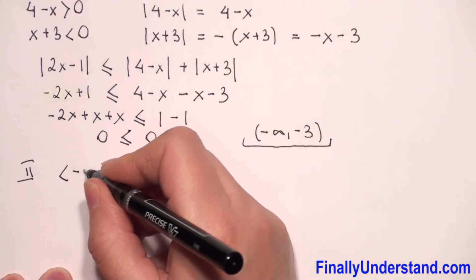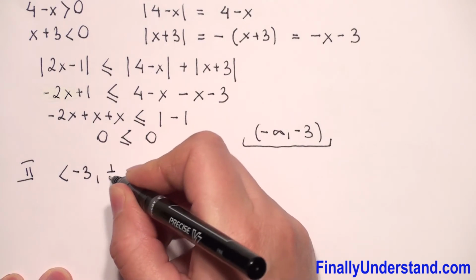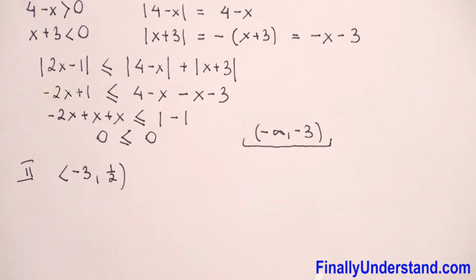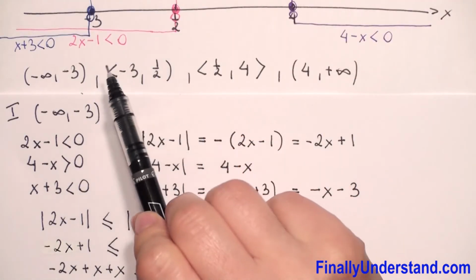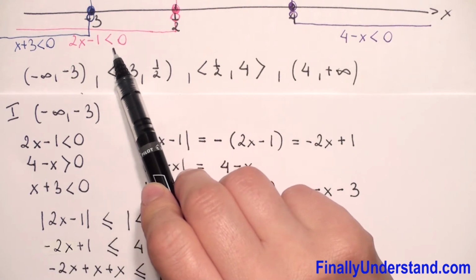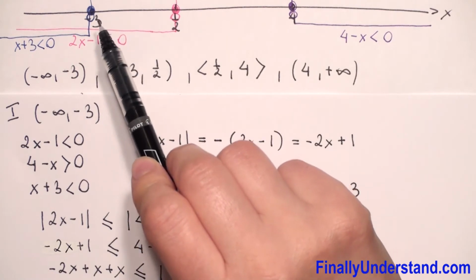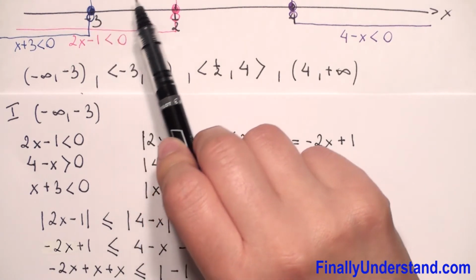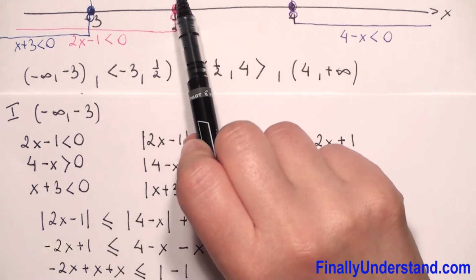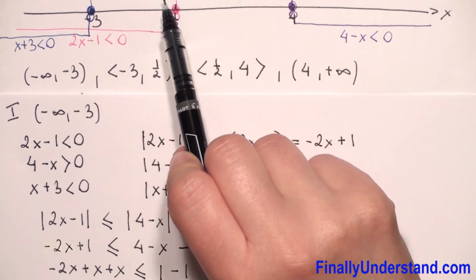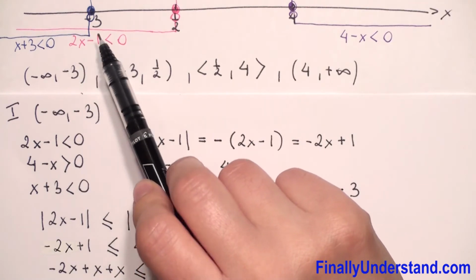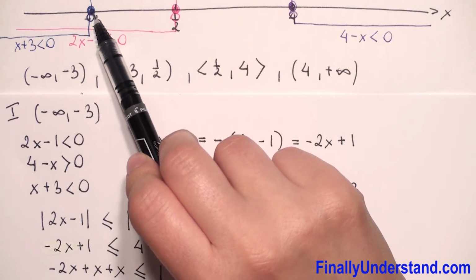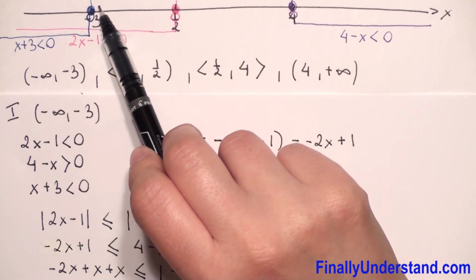Let me copy this. We have from negative 3 to 1/2. So let's see our interval. In this interval, we see that 2x minus 1 is less than 0. 4 minus x is greater than 0. And x plus 3 is greater than or equal to 0.